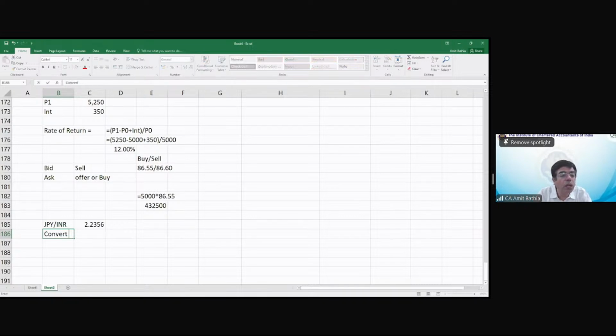This is the JPY to INR, and I want to convert rupees 1 million, that is 10 lakhs, into JPY.